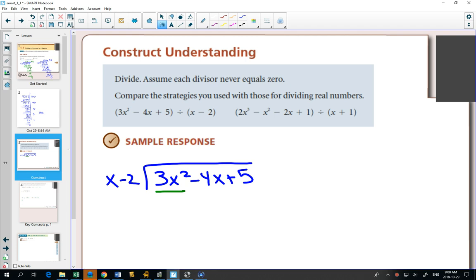Well, we would want exactly 3x squared. So what Tayana says, if I multiply by 3x. So I'm going to put my 3x here because that's my 3x column. Just like when I put my 2, I put it there because it actually meant 200. I'm putting 3x over my 3x column. And if I multiply 3x times x minus 2, what do I get? I get 3x squared perfectly, and 3x times a minus 2 gives me minus 6x.